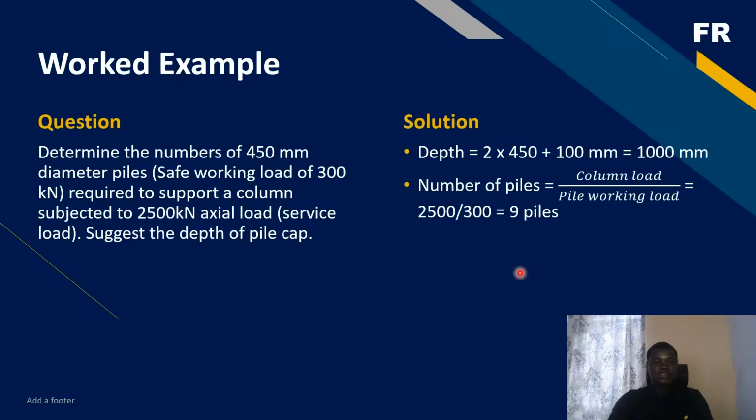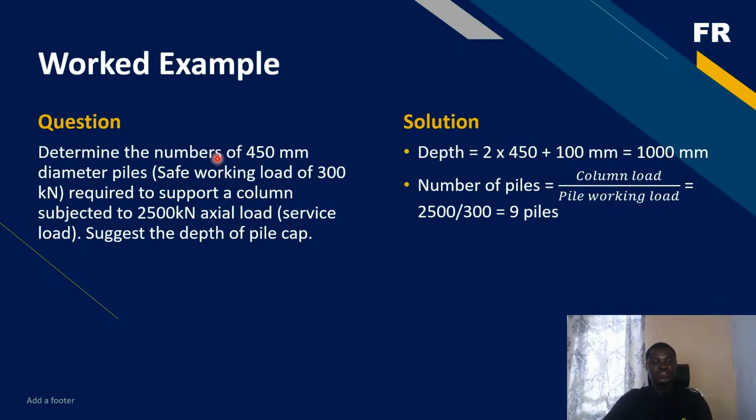So in this example, we want to determine the number of piles that we will need for our loadings, and then we also suggest a depth of pile cap. So the question goes like this: determine the number of 450 diameter piles carrying a safe working load of 300 kilonewton.